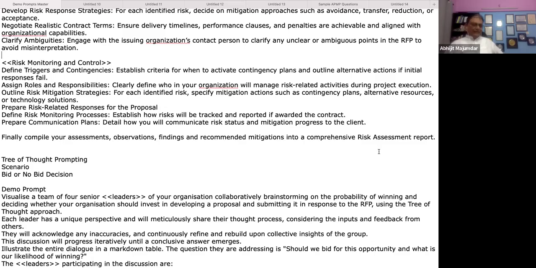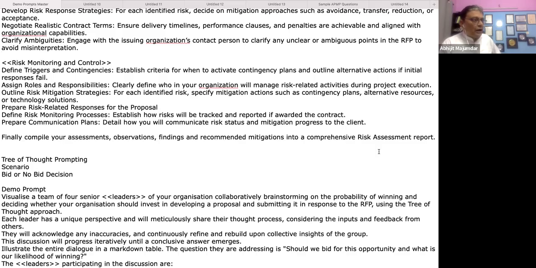In general, the decision is based on the thinking of multiple people and multiple lines of thinking: from the solutions perspective, the deliverability perspective, the technicality perspective, the feasibility perspective.